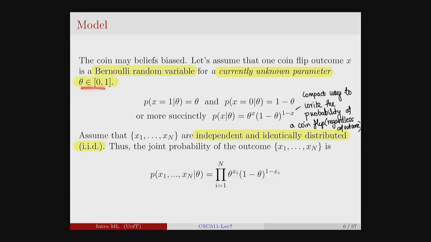So this parameter is a knob for the Bernoulli distribution, and by turning that knob, you can control the number of times you see a 0 when you draw from this Bernoulli distribution, or a 1. So we're going to call this parameter theta, and that's a number between 0 and 1.